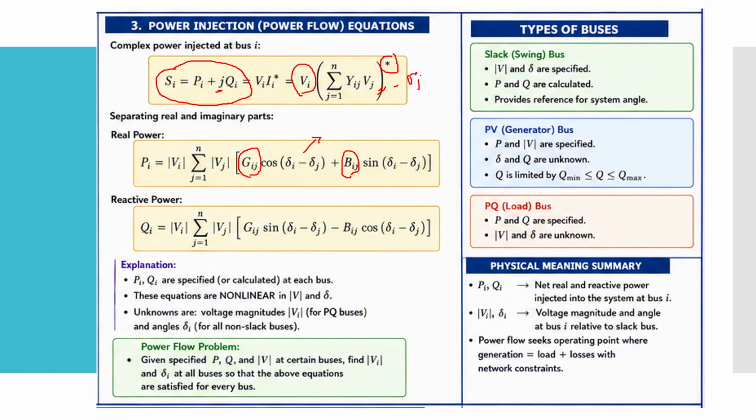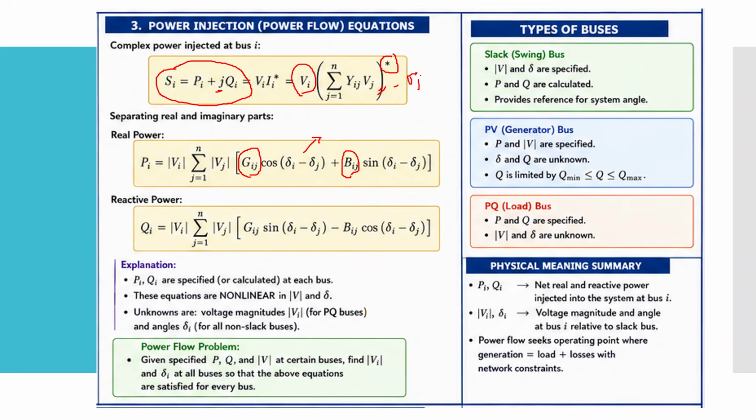So we can calculate the power by using this equation. So it's very easy now. It's very straightforward. Once we obtain the current from a voltage and the Y bus, we can easily calculate the magnitude of Pi and the Qi at each bus.